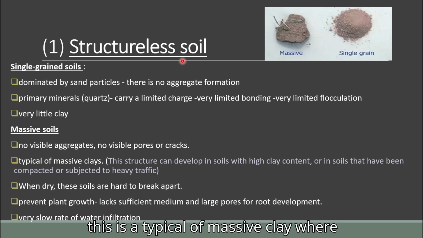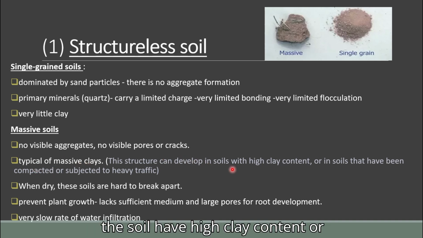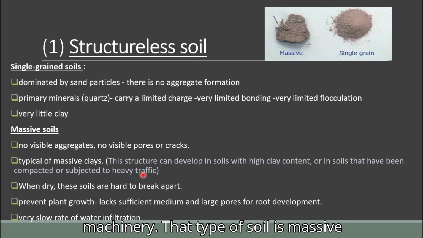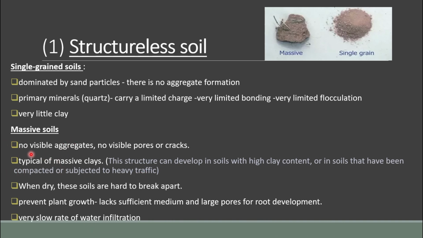This is typical of massive clay, where the soil has high clay content, or compacted soil subjected to heavy traffic like heavy machinery. That type of soil is massive soil, so there are no visible aggregates, no visible pore or cracks.